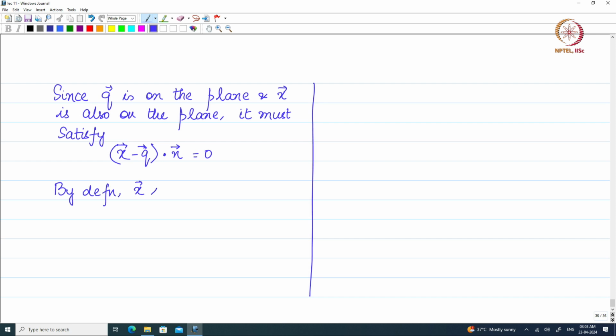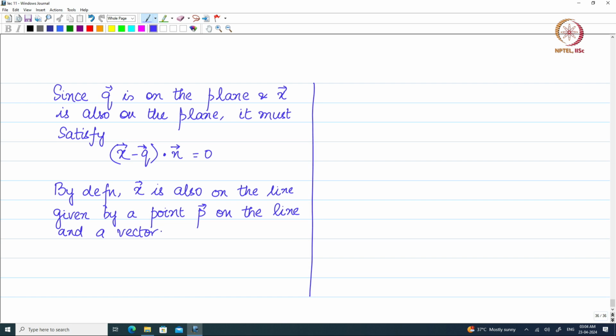By definition we also see that x is also on the line given by a point P on the line and a vector v.